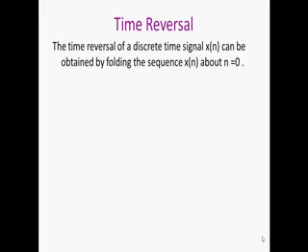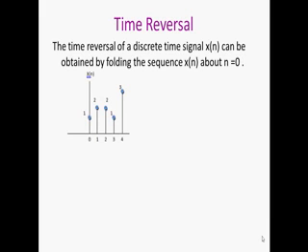Next is time reversal. So the time reversal of a discrete time signal x of n can be obtained by folding the sequence x of n about the origin or about n equal to 0. That is, if x of n is 1, 2, 2, 1, 3 with a time period of 0 to 4 units of time, then its corresponding time reversal will be, above the origin, the signal is folded.